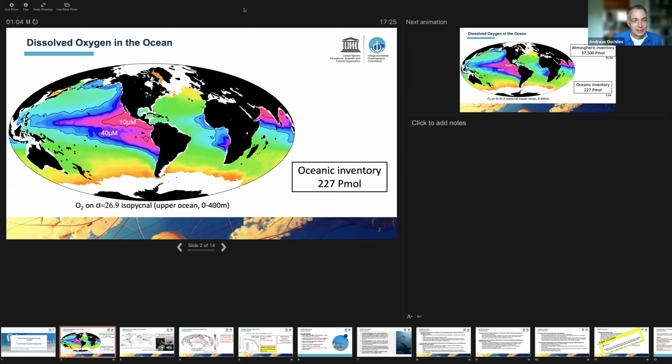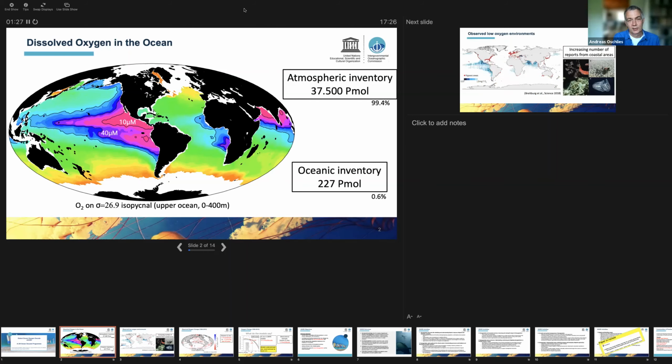And it's about dissolved oxygen in the ocean. We have low oxygen environments, particularly in the eastern parts of the tropical oceans. And we have a pretty good understanding now of the oceanic inventory of oxygen. This is near surface waters, about the thermocline a few hundred meters deep, on an isopycnal surface in the thermocline. In the end, oxygen in the ocean is a tiny part of the oxygen in the atmosphere.